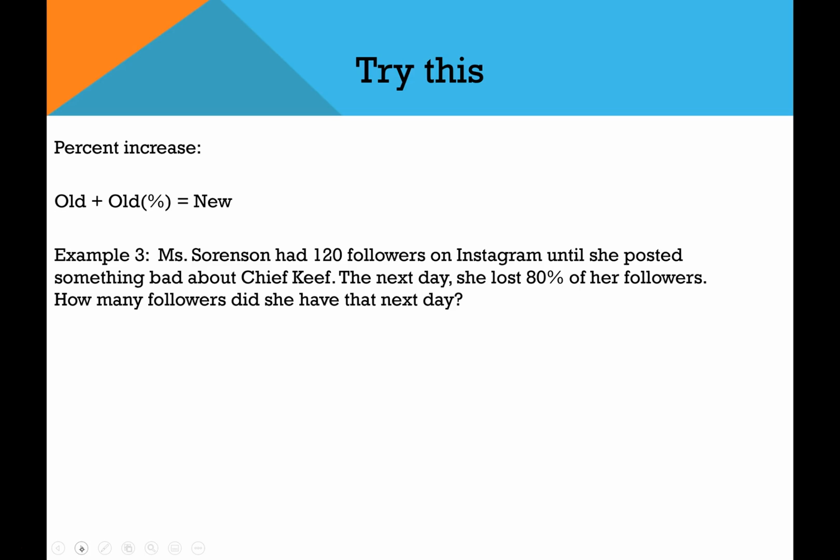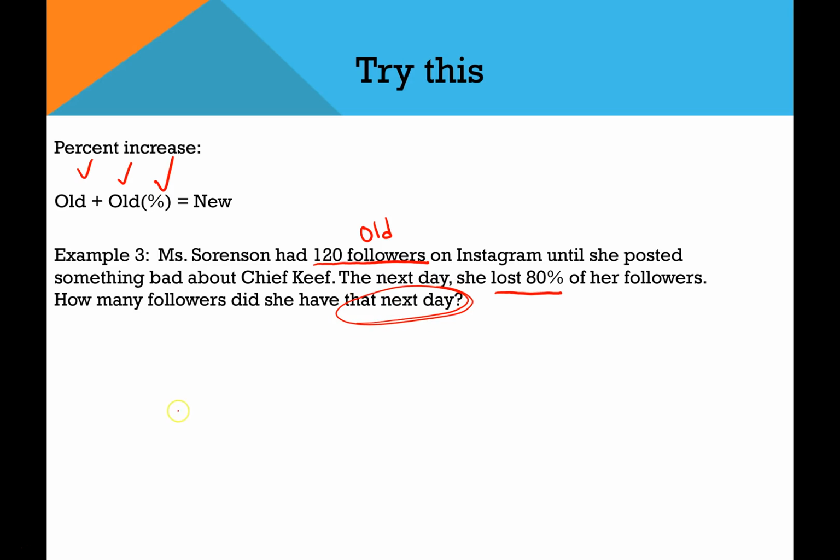All right. So what do we have here? We obviously have our percent. She lost 80%. And she had 120 followers, so that's the old amount. So we have the old, and we're looking for the new. The next day would be the new amount.